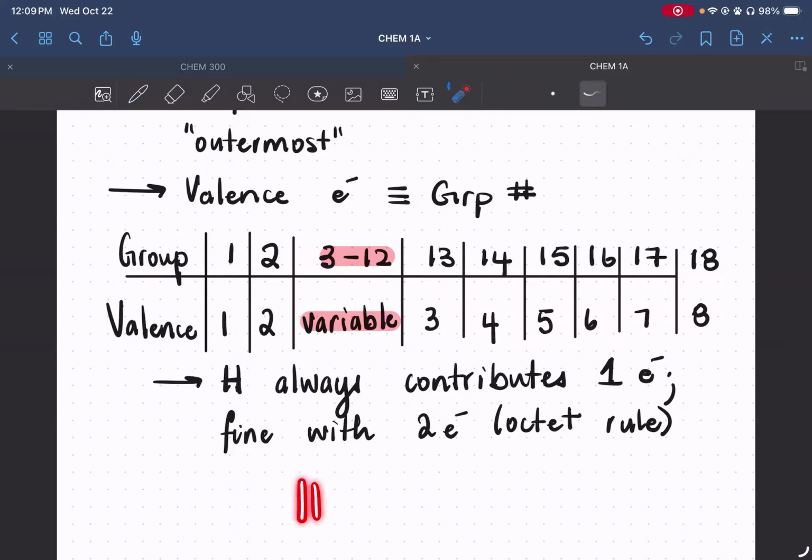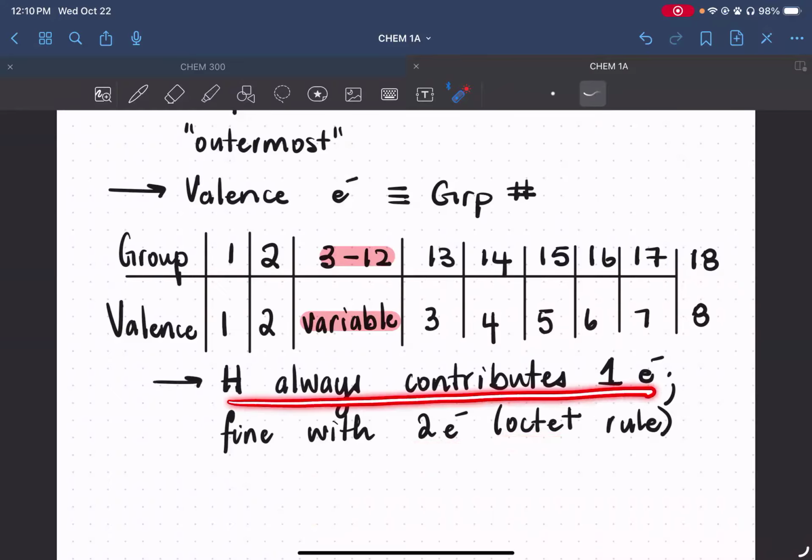Hydrogen is closest to helium. Helium actually only has 2 electrons. It is still considered a noble gas, still in group 18. So this is the one atom that doesn't follow the octet rule numerically. Helium has only 2 electrons, so in the case of hydrogen, we're fine with just 2.